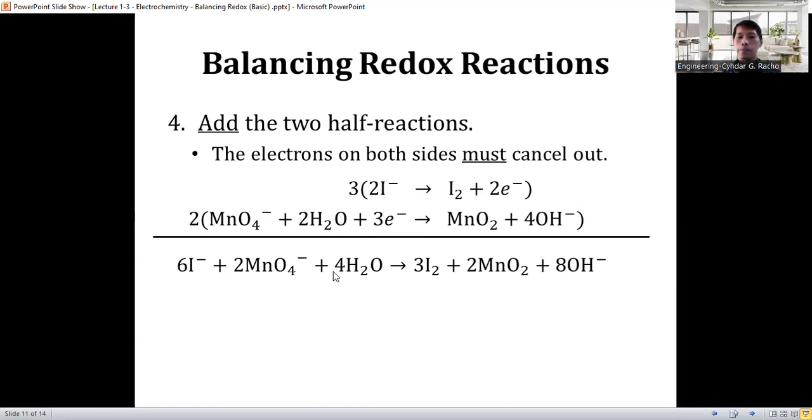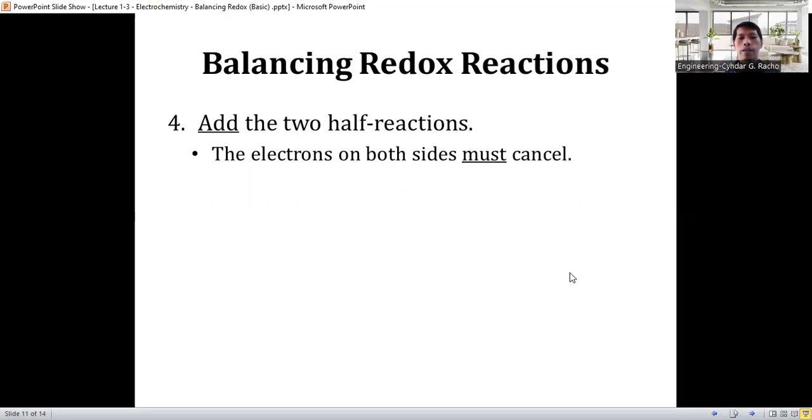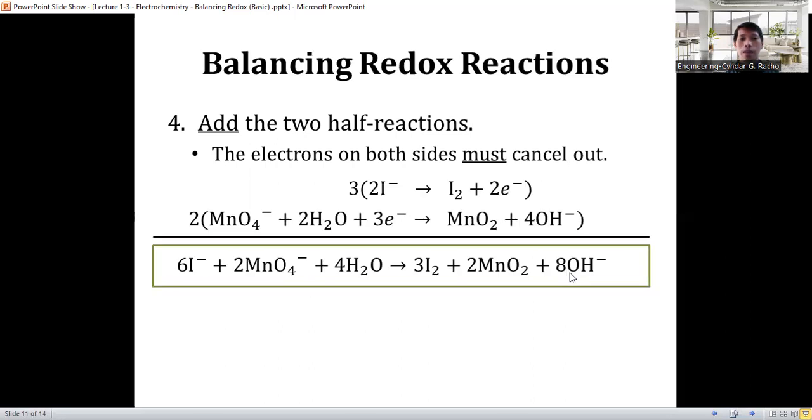So tanggal na siya. Okay, on the right side, you will have I2. Since multiply ka ng 3, so you have 3I2. Wala to, cancel na to, di ba? So dito tayo. 2 times MnO2, so you have 2. 2 times 4OH, so you have 8OH minus. All right, so that's your final equation upon adding the 2 half reactions.